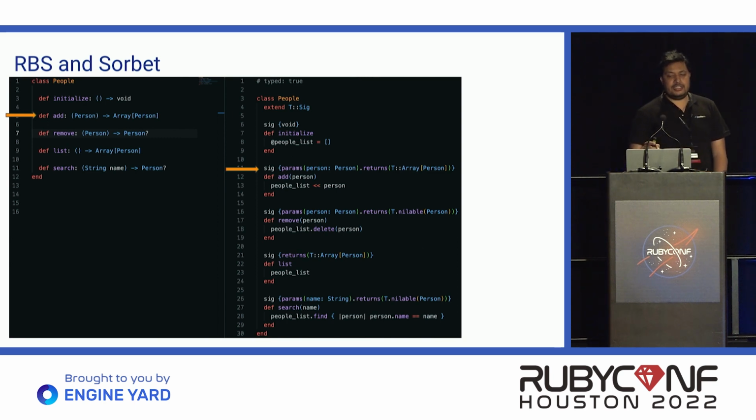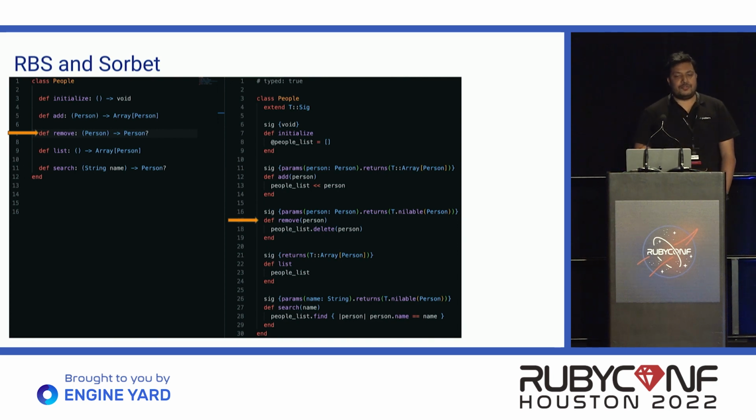On the right-hand side, one difference in Sorbet is that in the SIG, we have to define the params as hashes. So when we say params, we have to provide person, which is our argument name, and then the type of that argument. And then it returns an array of persons.